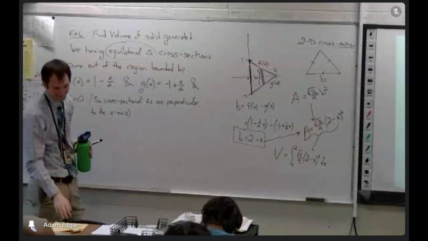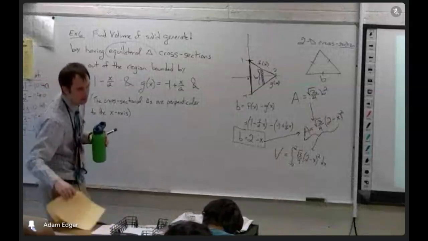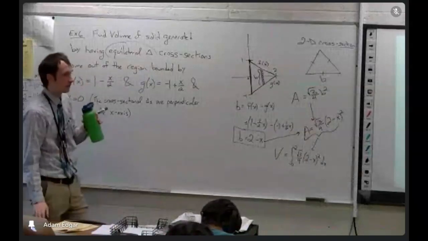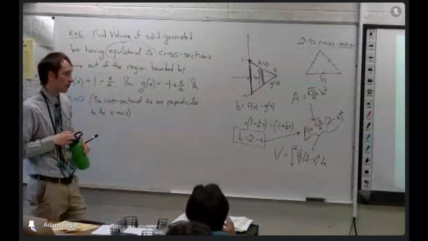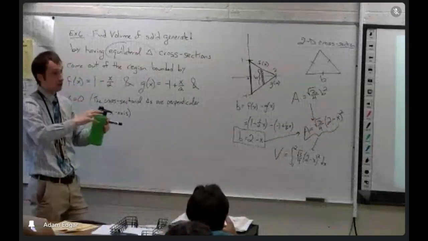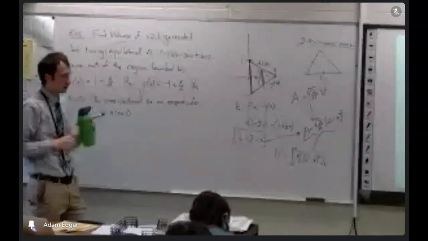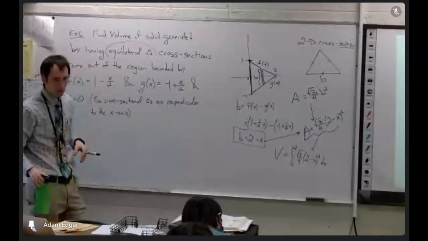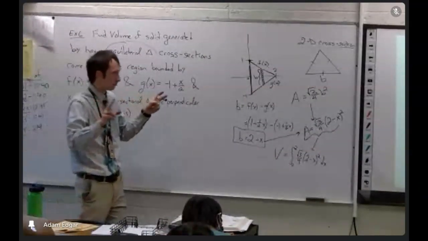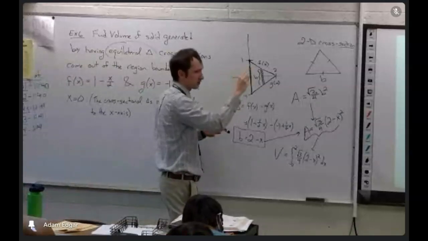Noel? Yes. Second question. With the rotation thing, were we rotating it because we were told to rotate it, or were we rotating it for a specific reason? We were rotating it because we were told we're going to take this thing and rotate it about some axis. This thing is two-dimensional, and then we make it 3D by imagining these cross sections come out of the page.